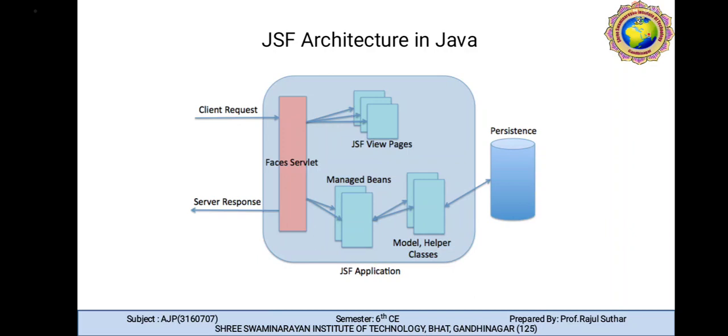And finally, the web page is rendered and sent to the web browser, to the user. This is persistent when we store the data, and when everything is completed, the response is sent to the client again. So this is the client request and this is the response.